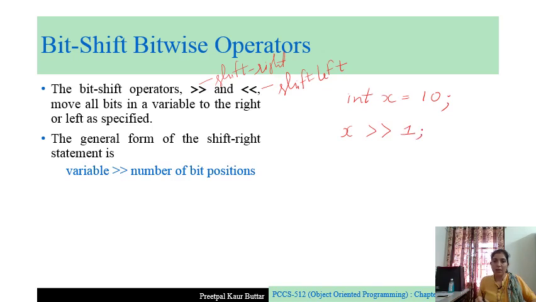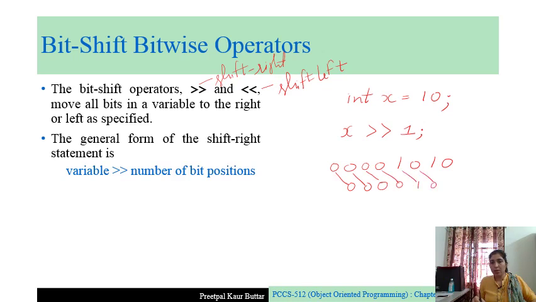What does this mean? The binary representation of x is this. Shift right means you are shifting the values to the right, and 1 means you are shifting the values once. You will do this operation once.